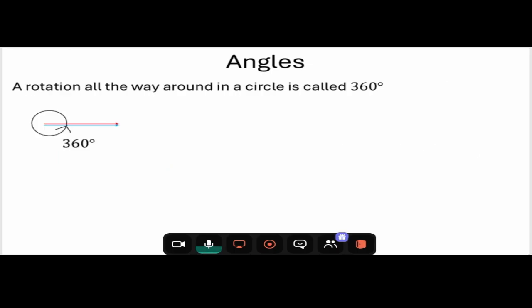Well, a rotation all the way around the circle we call 360 degrees. That's language that skateboarders and snowboarders are familiar with, right? Doing a 360 means you're up in the air and you spin all the way around. So there we see the blue line is all the way around the circle right beside the red line.